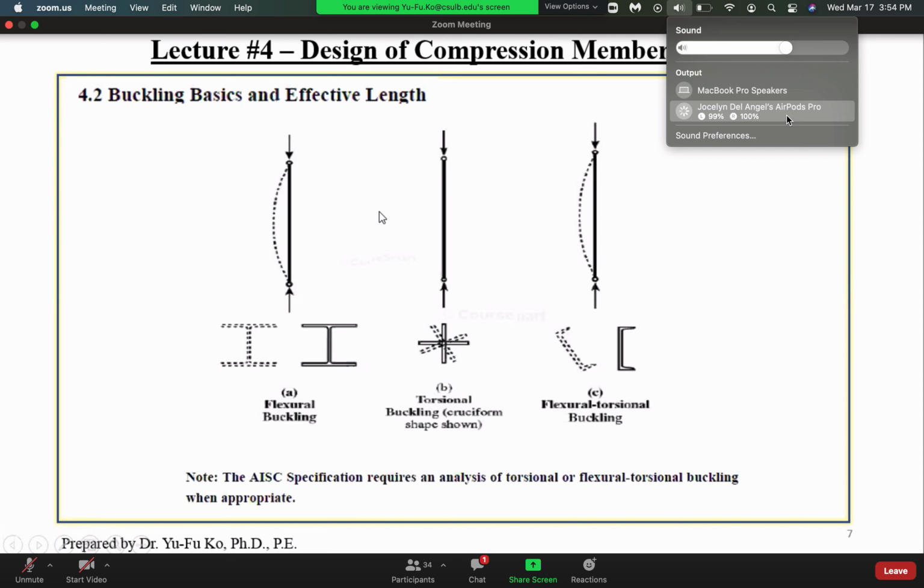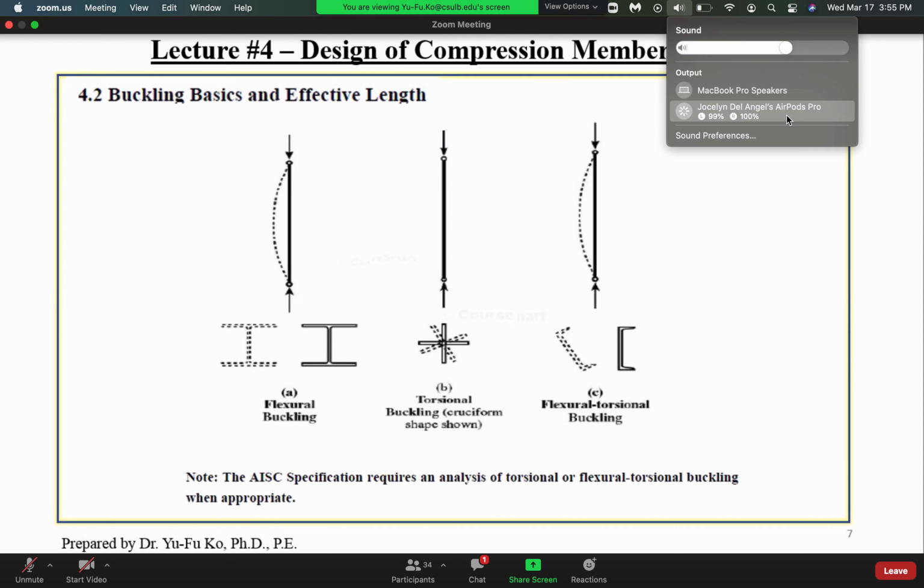It's not like you buckle like this. No, it actually rotates about the longitudinal axis. This is torsional buckling. This is the second type of buckling.